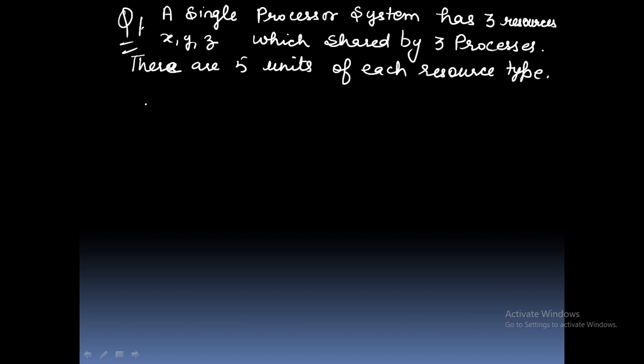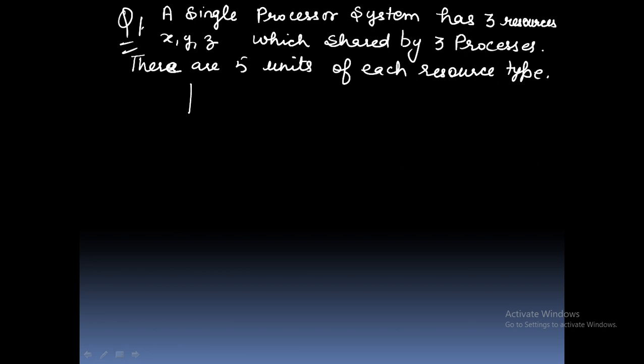Now consider the scenario where the column allocation denotes the number of units of each resource type allocated to each process, and the column request denotes the number of units of each resource type requested by a process in order to complete execution. Which of these processes will finish last: P0, P1, P2, or none of the above, since the system is in a deadlock.